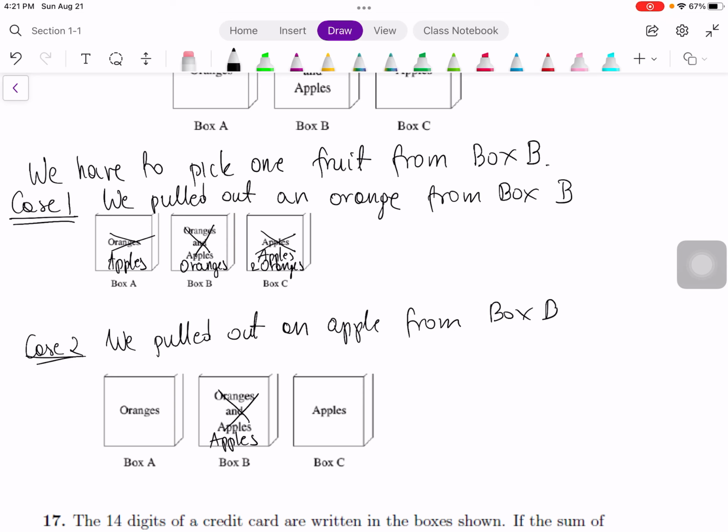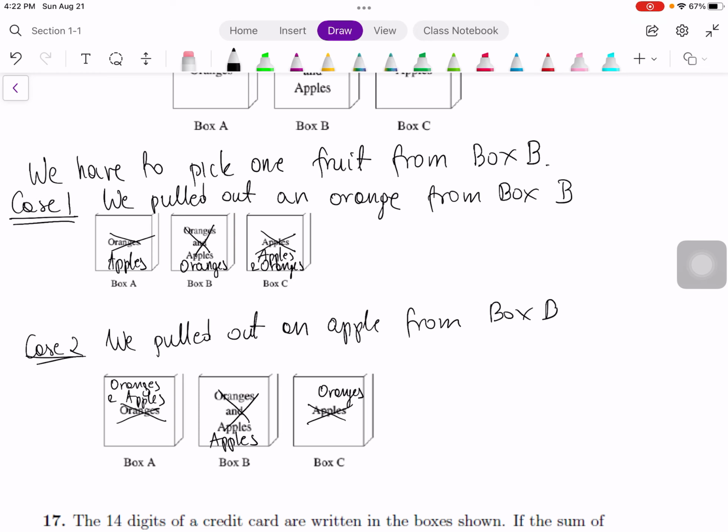If there are only apples, then when I look at this one, I know it's not oranges, so the possibilities would be either just apples or oranges and apples. But I already know it's not apples because that's box B, so it has to be oranges and apples. So this one has to be oranges.